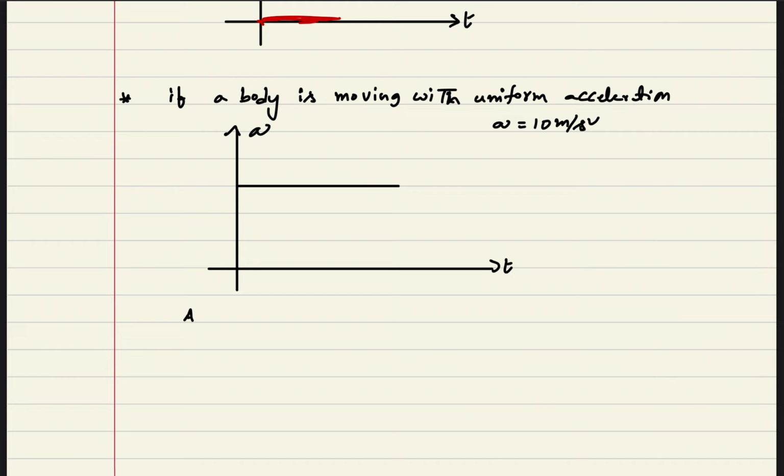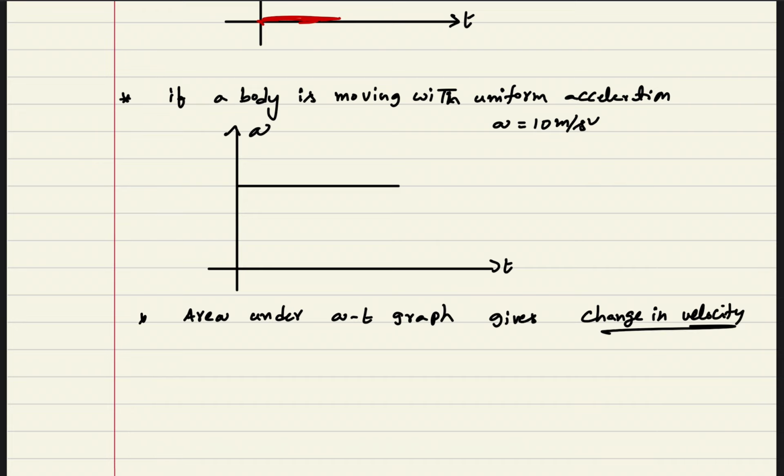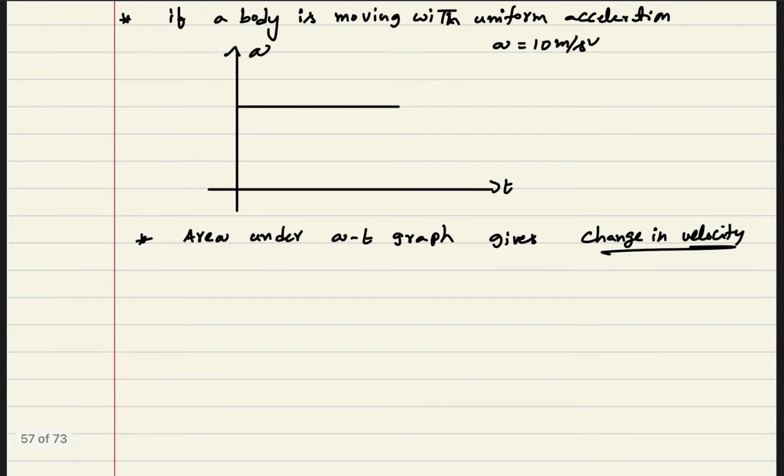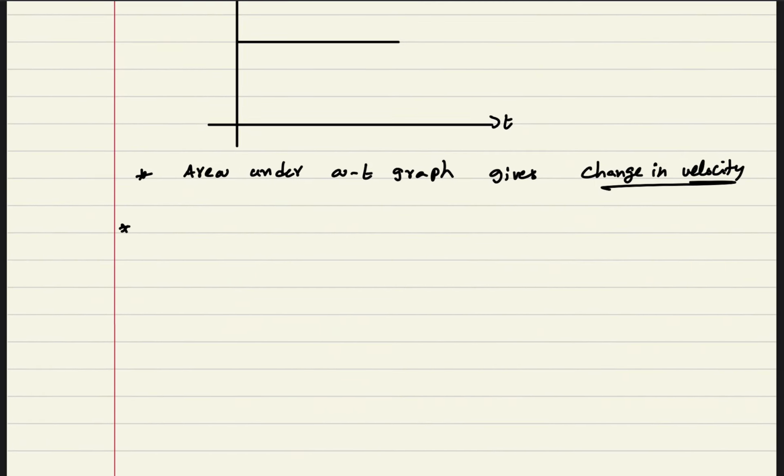Okay, this is the graph. Now you can see the area under the AT graph gives the change in velocity. Underline this one.